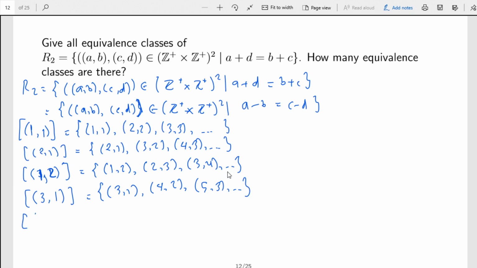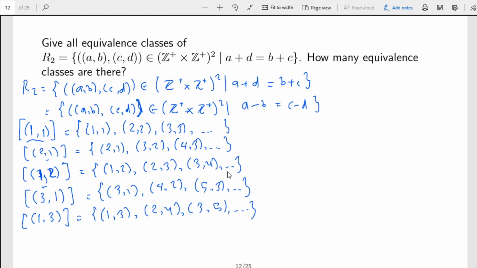Now it seems that there are infinitely many of them. So can we have a general form? Let me write this down. Look at this: the difference for (1, 1) is 0, 1 minus 1 is 0, and the difference between 2 and 1 is 1. And this one contains all pairs whose difference between the first and the second element is minus 1, and so on.